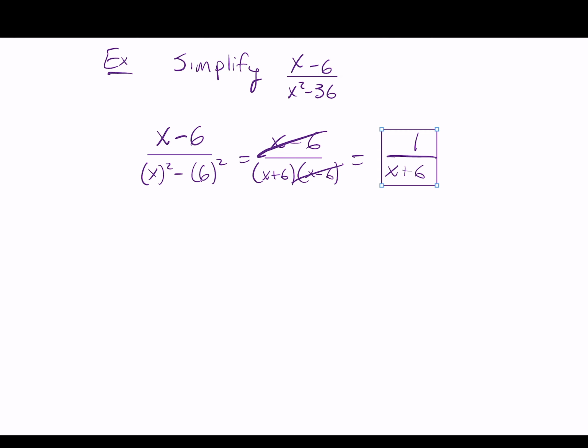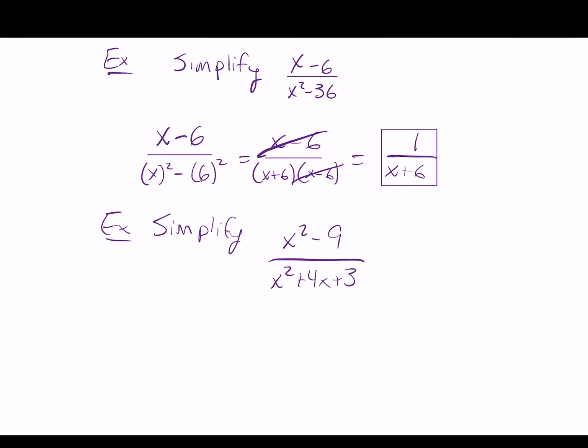Let's try another example. We want to simplify x squared minus 9 all over x squared plus 4x plus 3.